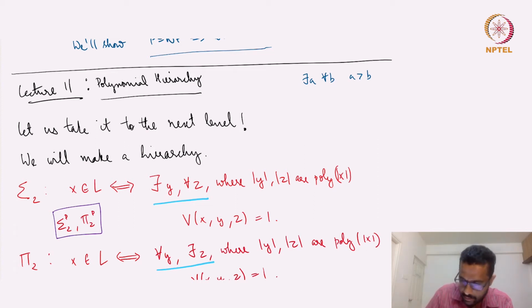This is false. But what if we swap the quantifiers? For all a, there exists b such that a is greater than b. This is true, because if you pick any number a, you could simply pick a b that is smaller than that.